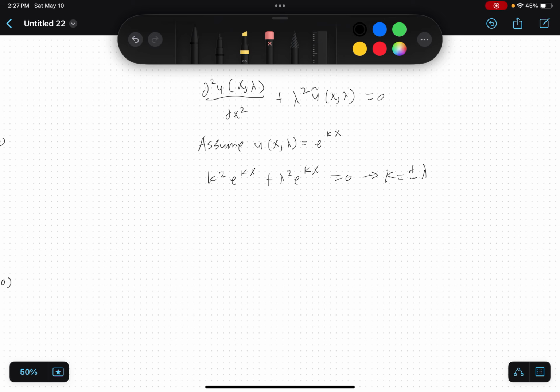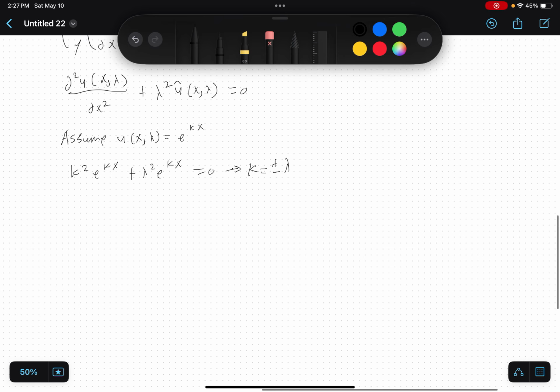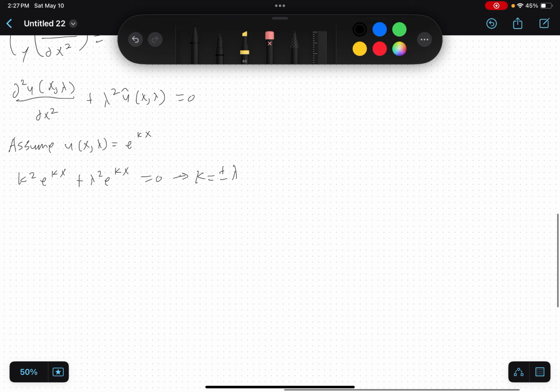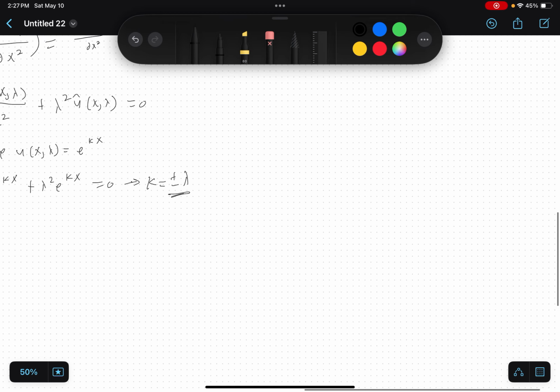I've mentioned before that if you have a plus minus something, you can say that your solution is in the form of hyperbolic functions. Let me check. Yeah, it's hyperbolic.